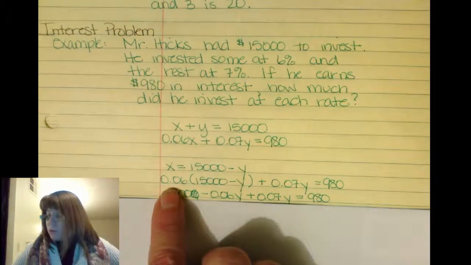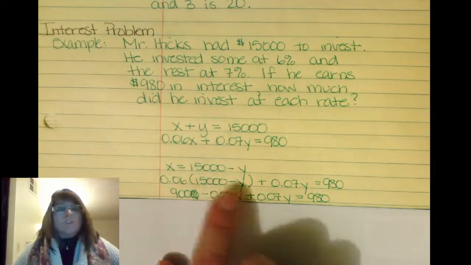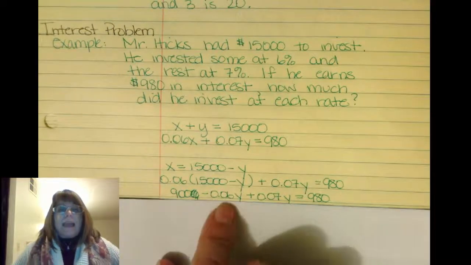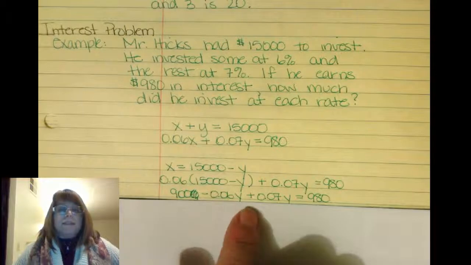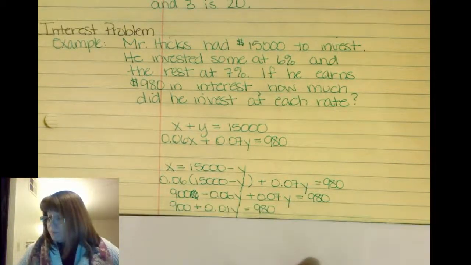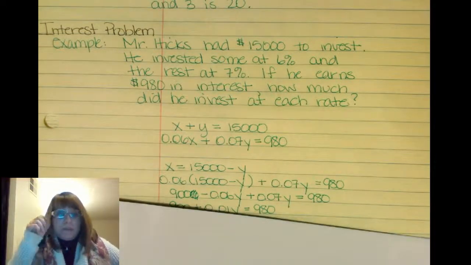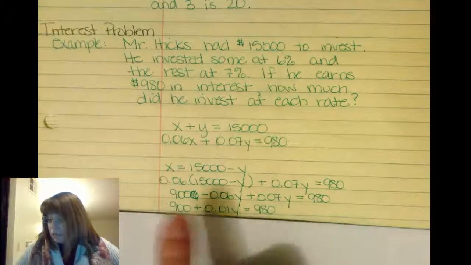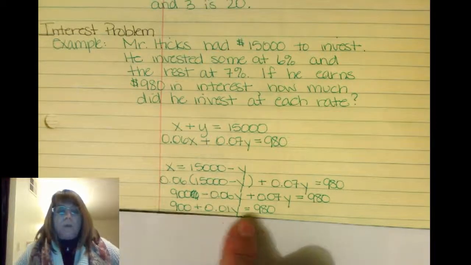So first I'm going to distribute the 0.06 to 15,000 and 0.06 to negative Y, and then I get 900 minus 0.06y plus 0.07y equals 980. I was going to do a trick, but I don't need to for this problem. So 900 plus 0.01y equals 980.